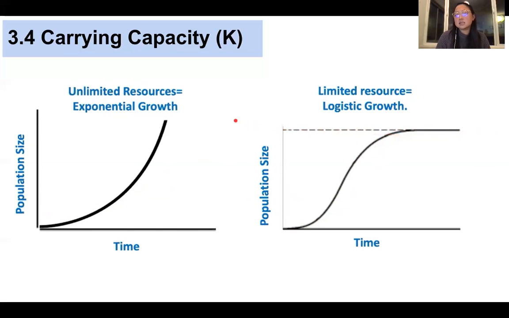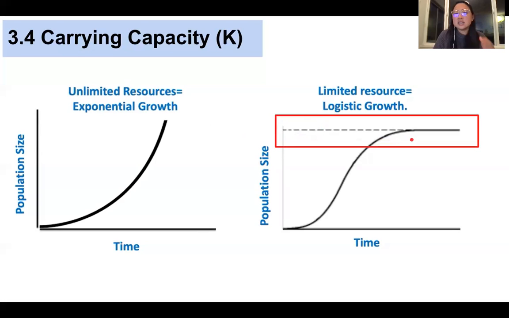Maybe this line means this grassy field can only support this many deer, so the deer population there will get capped here. This line is what you call the carrying capacity. Maybe that population size is 200, so this grassy field can only support 200 deer. That's the carrying capacity of that field for deer.